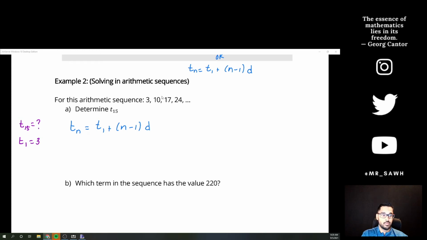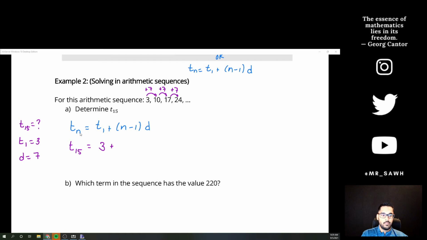I'm going to go from 3 to 10, which means I'm going to add 7. Double check the other ones to make sure it actually works. So each time we're going to increase by 7. So there's our common difference. d is 7. And we've got everything we need, because Tn is what we're going to look for. The n could be anything. We're going to make it 15. So we're going to be looking for the value of the 15th term when the first term is 3.